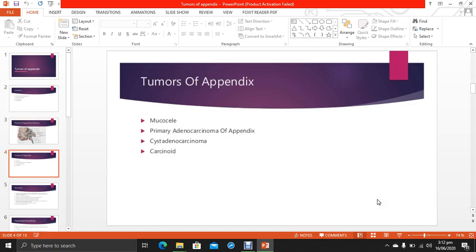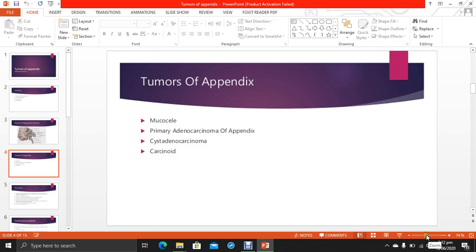We are least interested in the anatomy because we discussed the anatomy before. Tumors can be benign or malignant. Number one, mucocele. Primary adenocarcinoma of the appendix, cystadenocarcinoma of the appendix, and carcinoid tumor. We will discuss them one by one and their management, what to do and how to manage it.